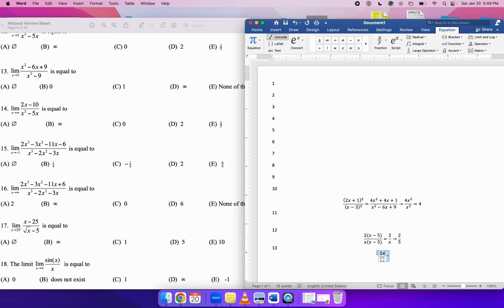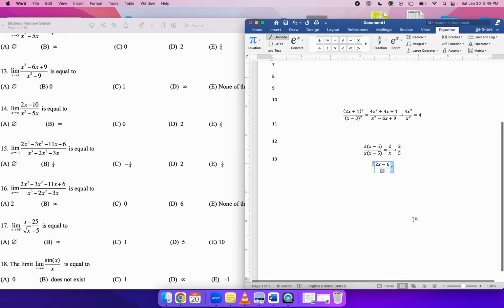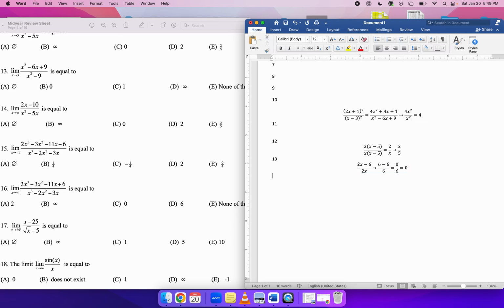Take the derivative of the top, and you get 2x minus 6. Take the derivative of the bottom, and you get 2x. Plug in 3, you get 6 minus 6 over 6, which is 0 over 6, which is 0. So apparently the value of that limit is 0.